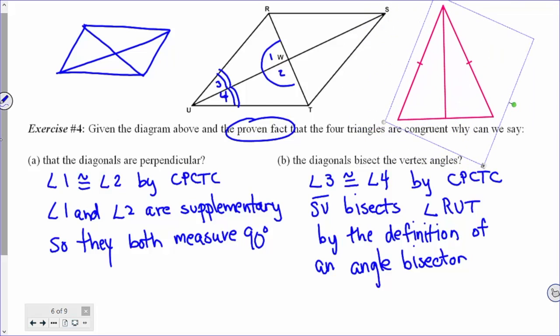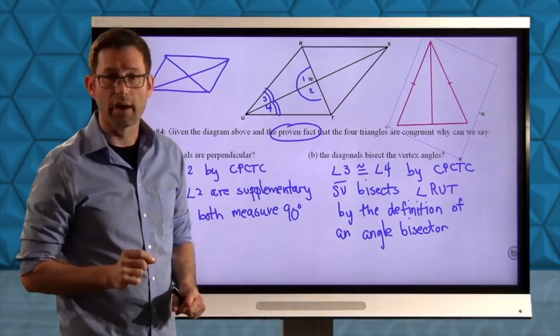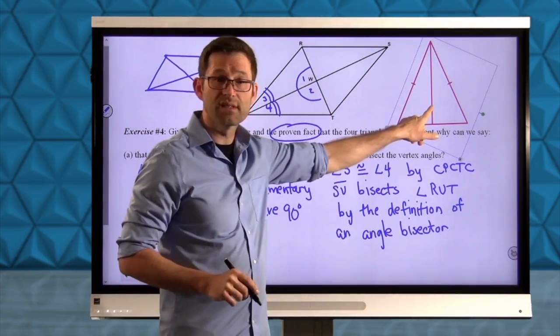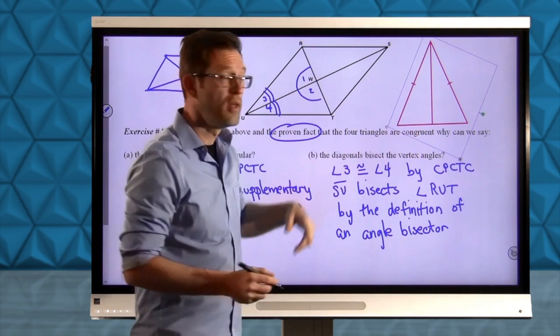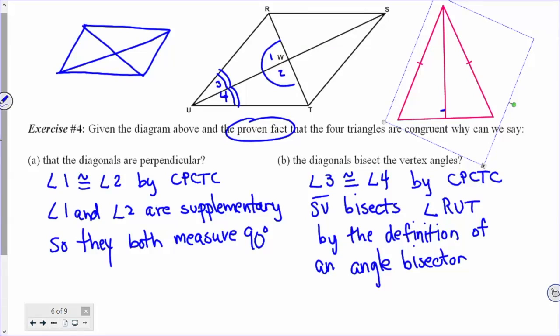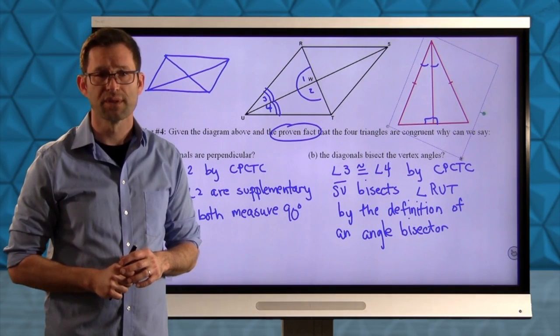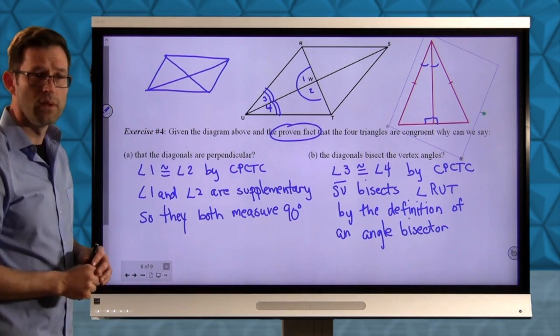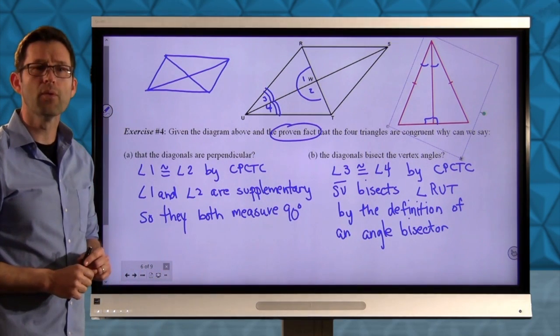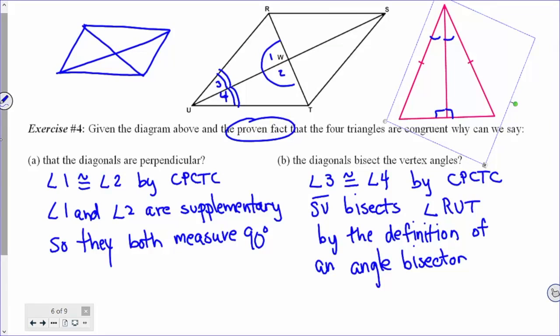This simply is the altitude that divides that isosceles triangle into two congruent right triangles. It's helpful to be able to visualize that with rhombuses. Let me step out of the way for a moment, and then we'll move on and do another problem.